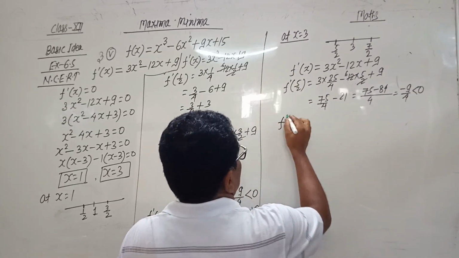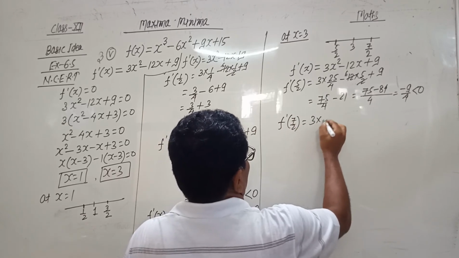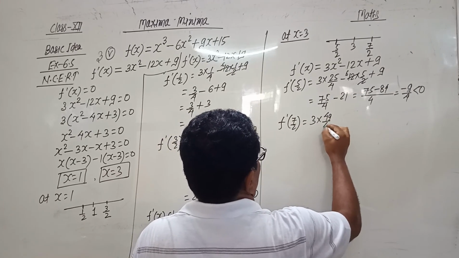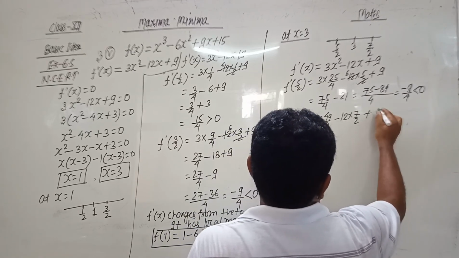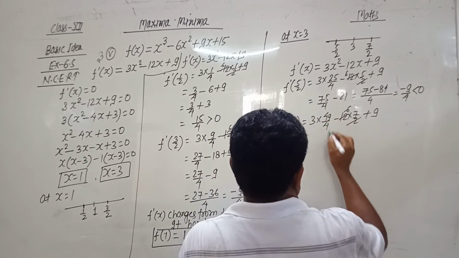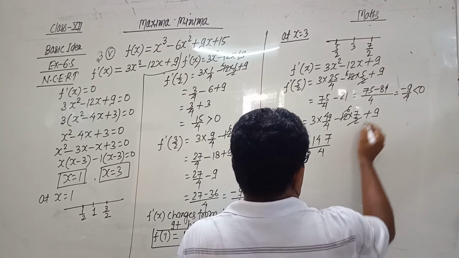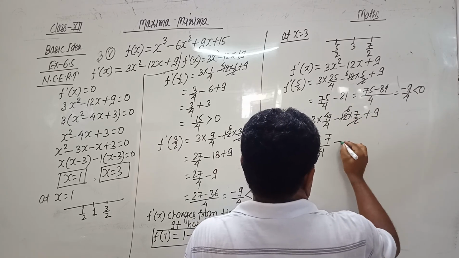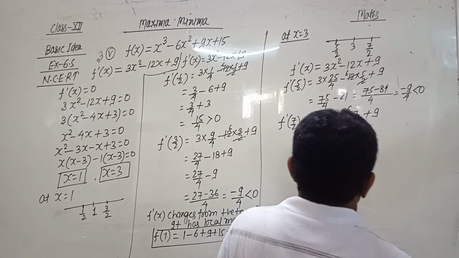And f dash 7 by 2. 3 into 49 by 4 minus 12 into 7 by 2 plus 9. This comes to be 147 by 4 minus 42 plus 9, minus 33.